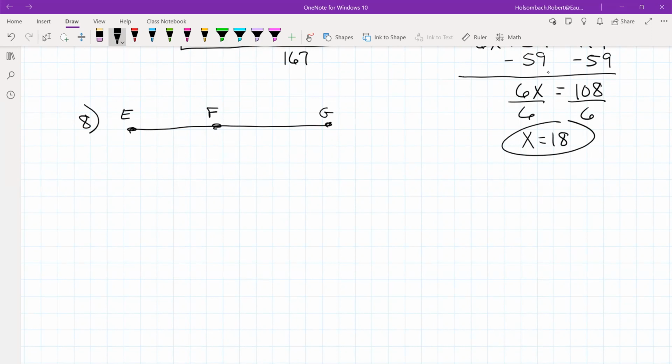EF is 2x minus 13. F to G is 3x minus 12. EG is 30. We need X. We need EF. And we need FG.